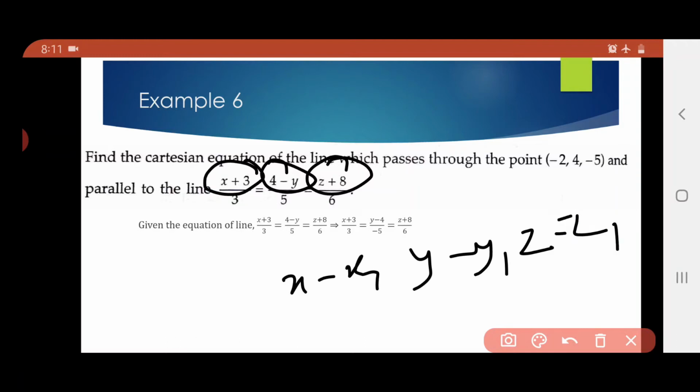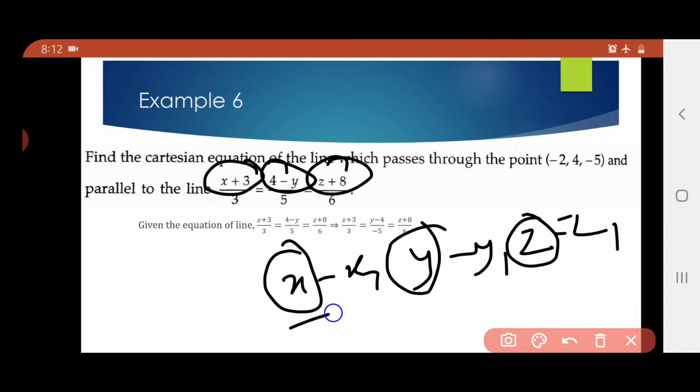So there has to be this form where x, y and z, that is the current coordinates, are free from any other coefficient. So there must not be 2x, 3x or 5y, anything. So x, y and z must be free from any coefficient, and x minus something or x plus something, y minus something or y plus something. So it can't be the other way around. So we have to write the numerator in all these forms. Then whatever comes in the denominator, they are the direction ratios.